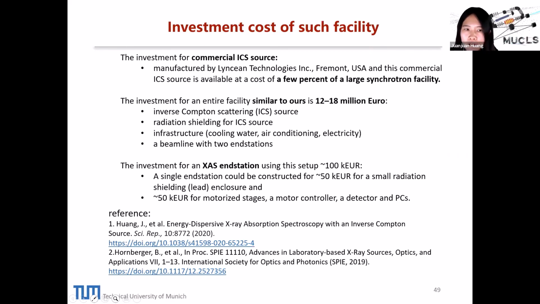To have the entire facility, including not only the source but also radiation shielding, infrastructure and two end stations, the cost for such a facility is around 12 to 18 million euro. But this can be used for different purposes, imaging, spectroscopy, and so on.